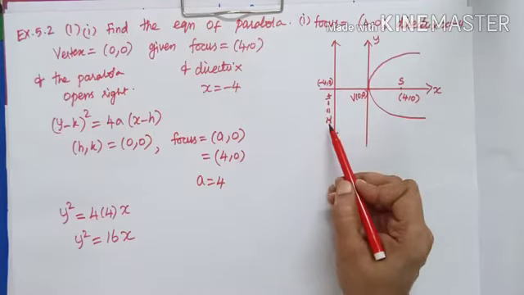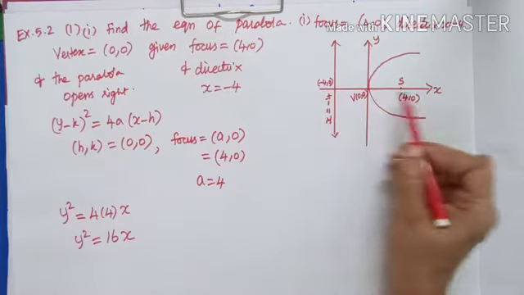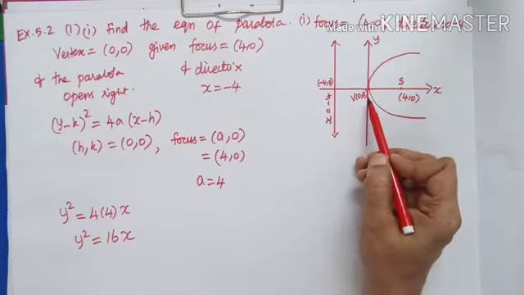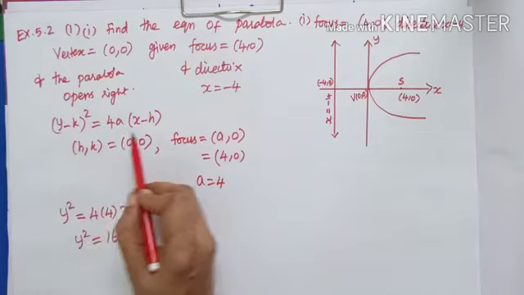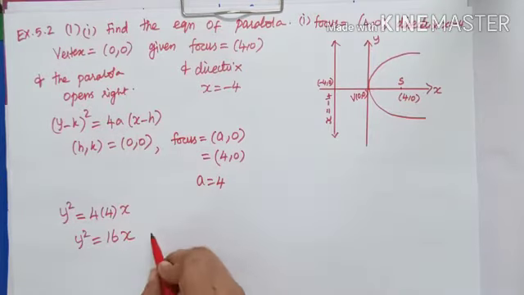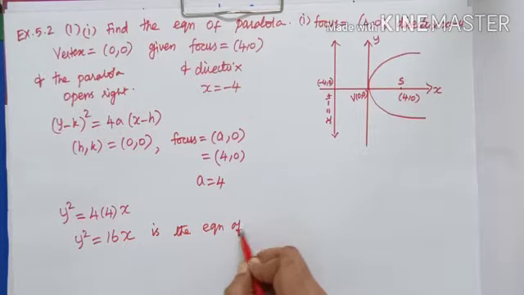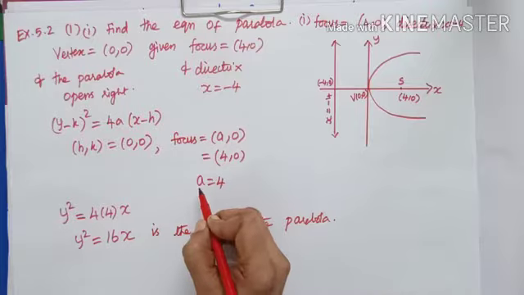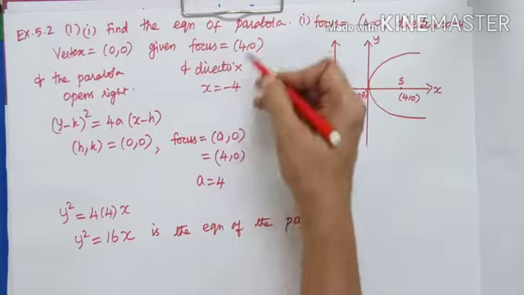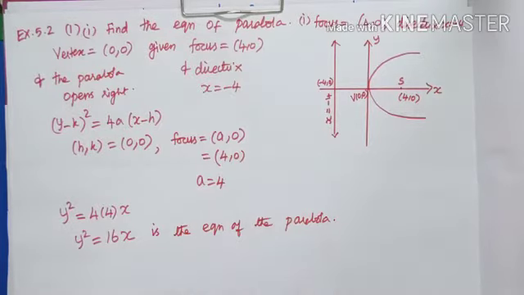The directrix x equals -4 tells me this is (-4, 0). The middle value is (0, 0). So these two I know, and I can immediately write the equation of the parabola. So y square equals 16x is the equation of the parabola, where you identify a by comparing with the focus. Focus is (a, 0) and the value of a is 4.